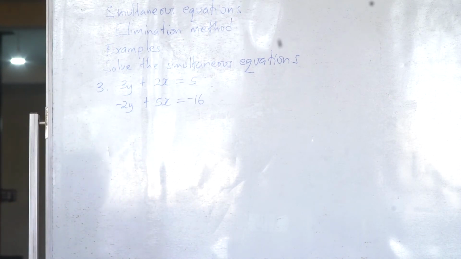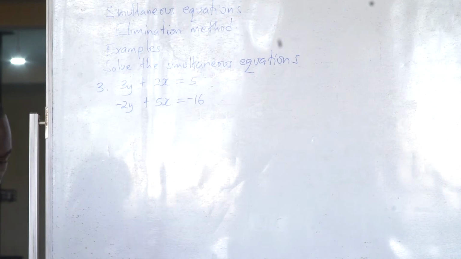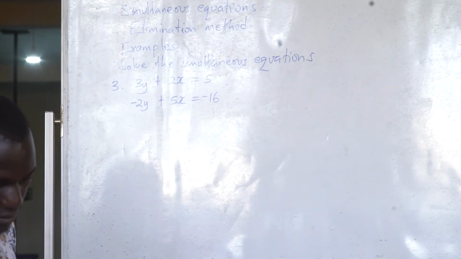So example 3, we are having that 3y plus 2x is equivalent to 5, and minus 2y plus 5x is equivalent to negative 16, sorry.